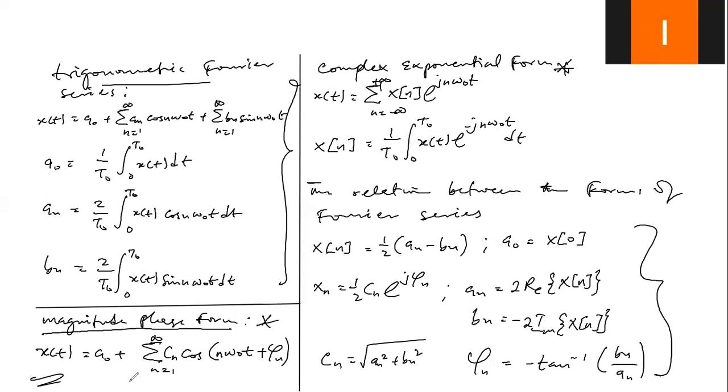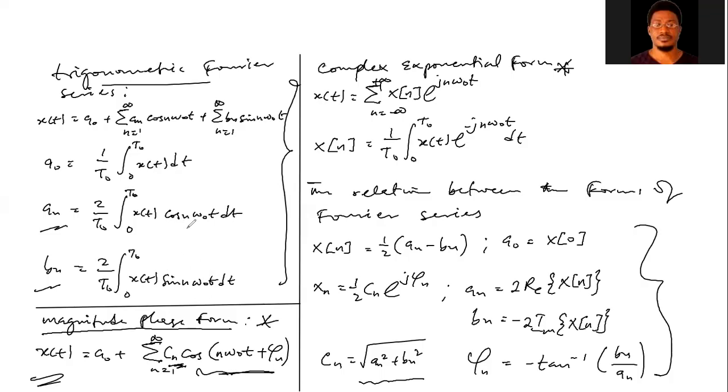Then where is C n coming from? That is what you need to go and resolve, the magnitude of this expression. And it is a function of a n and b n, because this is more like a compressed form of the sinusoids, right?